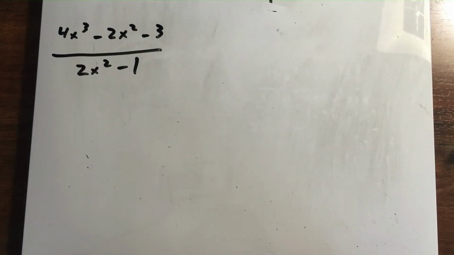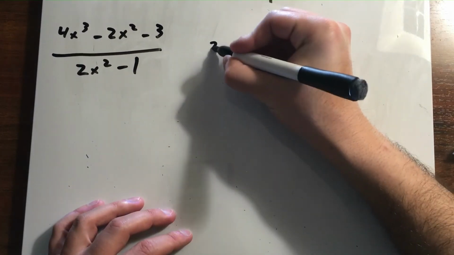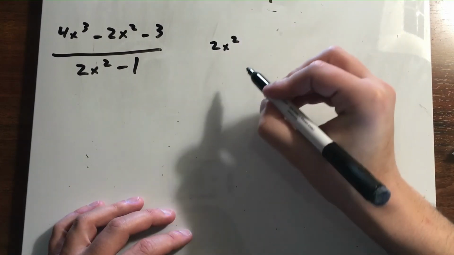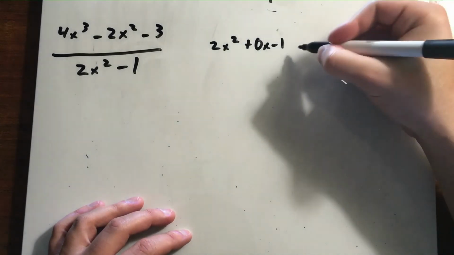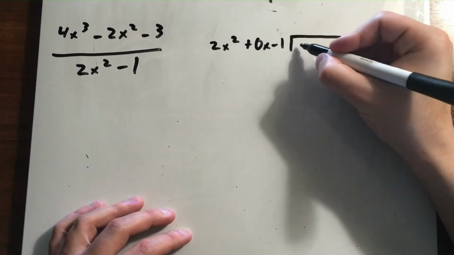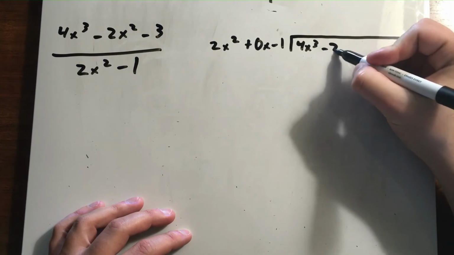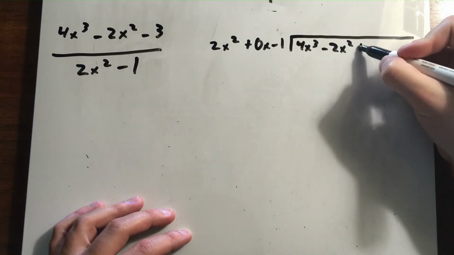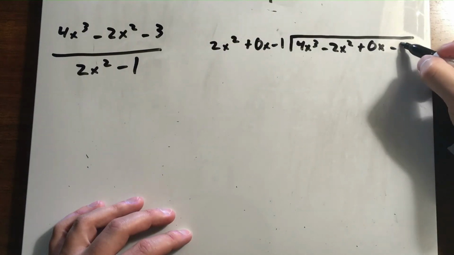So we're going to have to write this out like 2x squared, then put in a 0x minus 1. And then in here we're going to put 4x cubed minus 2x squared plus 0x minus 3.